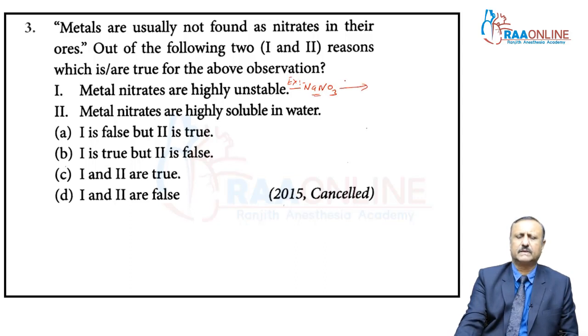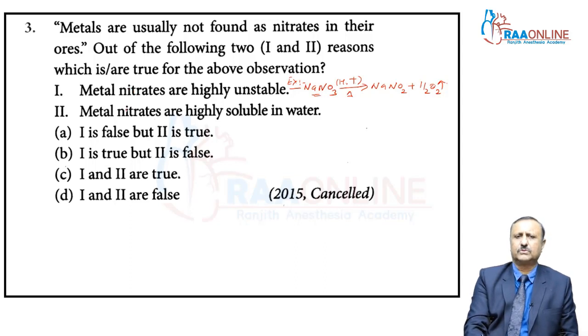It is thermally stable, because only at high temperature does it decompose to NaNO2 plus half O2. So saying metal nitrates are highly unstable is a wrong statement. It is not decomposed at room temperature, so it is not a correct statement.